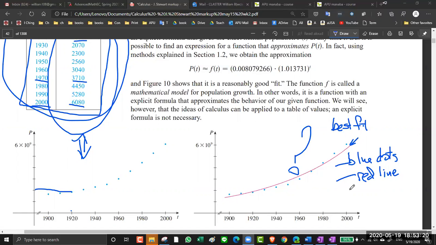And the formula that they use to generate that red line is up here. What kind of function or formula is this? What kind of function is that?